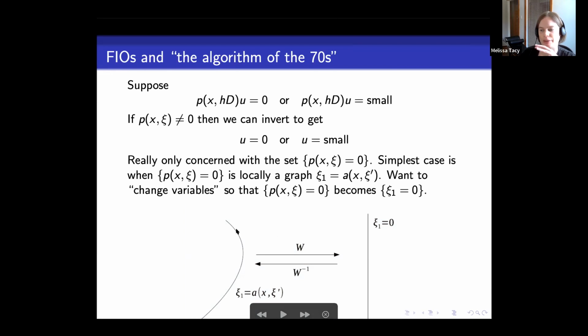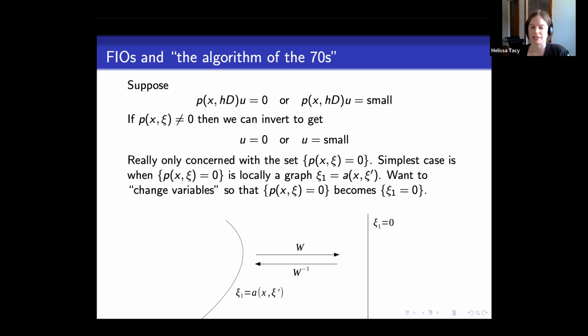Now, if I was just dealing with a function, I could define a change of variables which flattens that surface out to become xi1 is equal to 0. Now, xi1 is equal to 0 is associated with the operator h dx1 is equal to 0. So the x1 derivative is small. Okay, now that's a nice, very simple ODE, PDE that we can solve very explicitly.